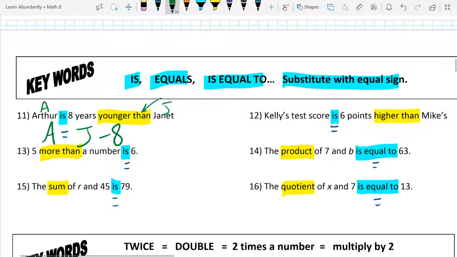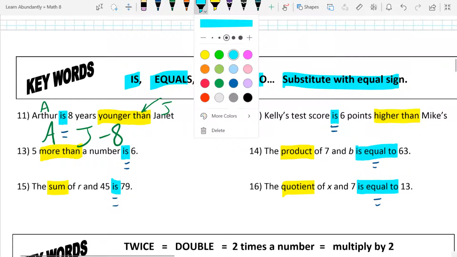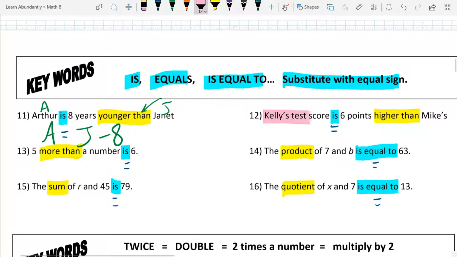Let's take a look at number 12. So we have Kelly's test score. So I'm going to say that Kelly's test score is K. And so I'm going to use K in my equation on the left side of the equal sign. And then it says 6 points higher than Mike's.